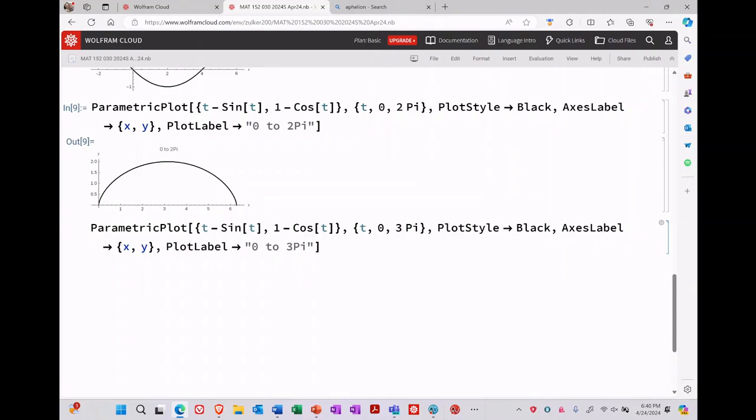We'll take a guess on what extending out to 3 pi is going to do. Let you think about it. Then I'll execute it, and you can determine if you're right or not.